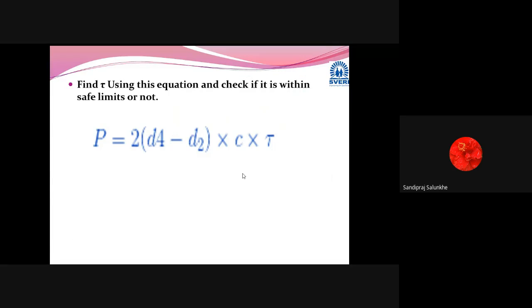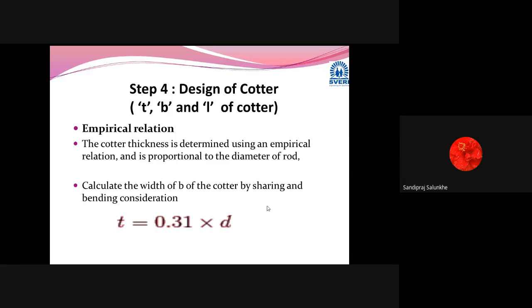So we are going to use this socket, and I have written this formula which I have derived in the previous slide, that this P is equal to twice of the area, that is D4 minus D2, multiplied by C multiplied by the allowable shear stress tau. Okay. Now, once we have done this, then we have calculated all dimensions of that socket.